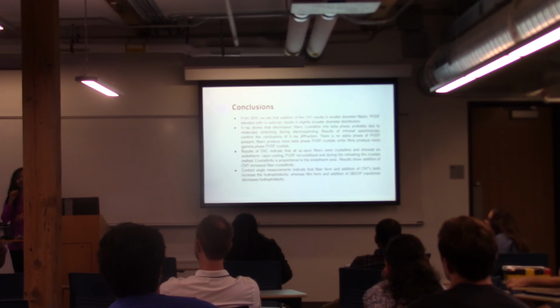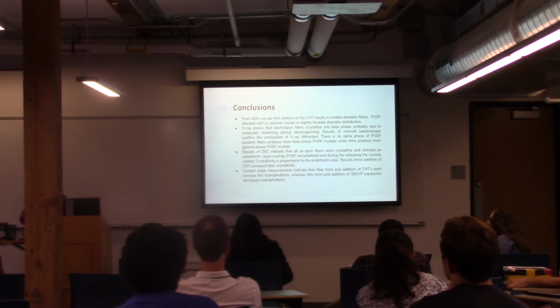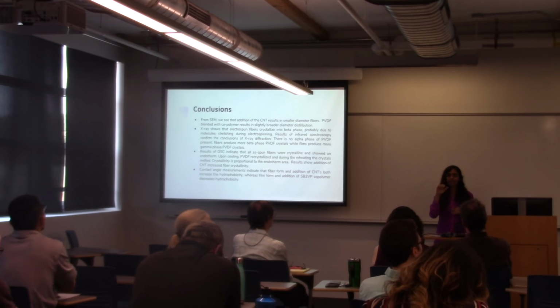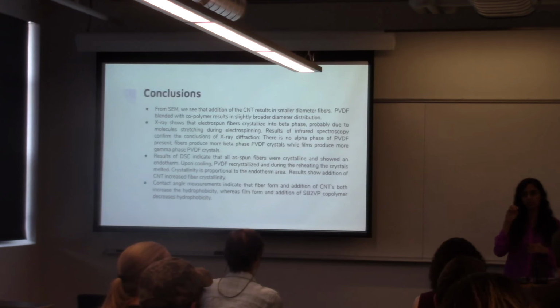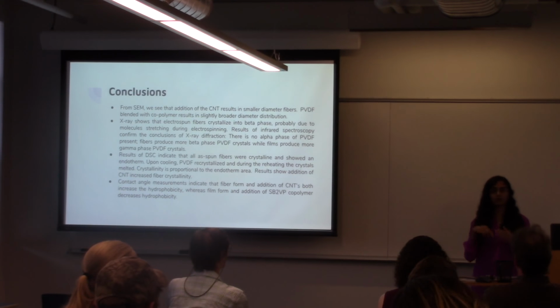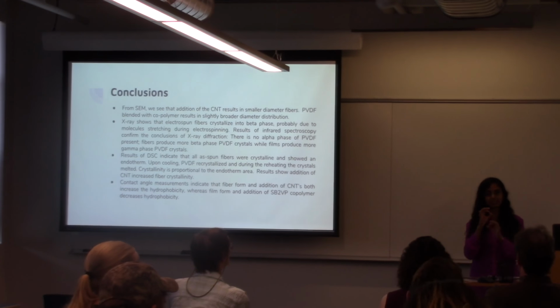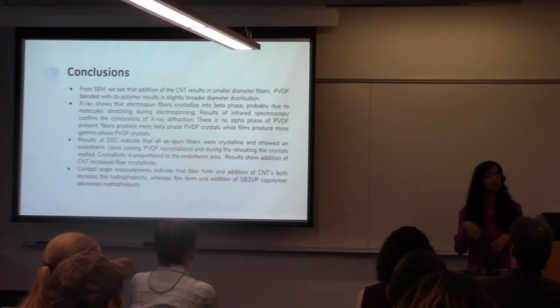So I want to talk about our conclusions. The addition of carbon nanotubes results in a smaller diameter fiber when it's blended with PVDF. The PVDF copolymer with CNT gives us a smaller diameter fiber.